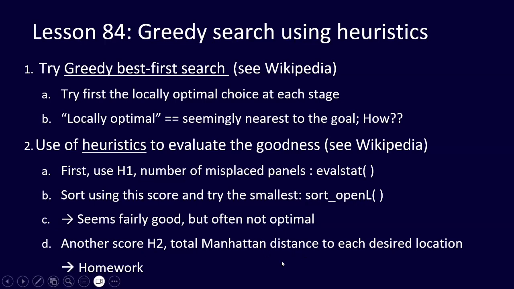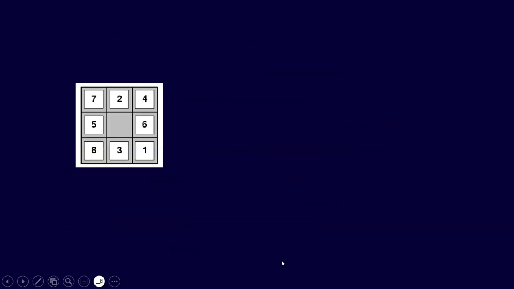Okay, so let's continue. The idea is, I think, clear, but for example, given this, 7 should go to where? Here, right? So the distance is 2. 2 is correct, so the distance is 0. 4 should go here: 1, 2, 3, 4.